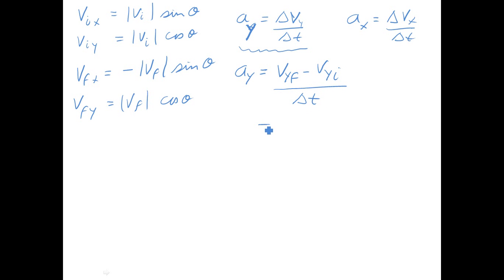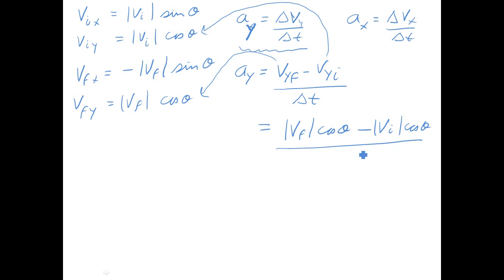And look at what that gives us. Although I wrote my subscripts different, that's this one, and then this guy. So we can write this as v final cos theta minus v initial cos theta over delta t.